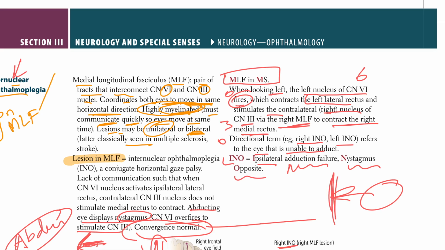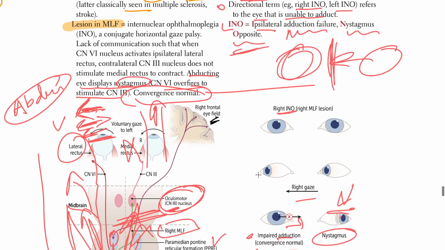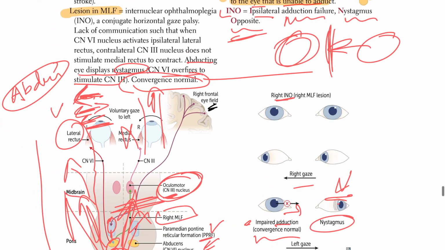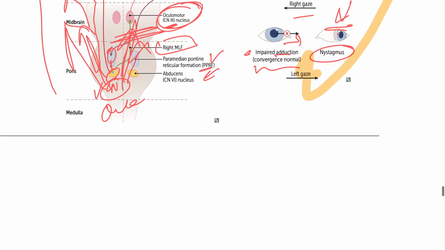Adduction is not there, so there's a failure of that, and the other eye is just going to have nystagmus. Nystagmus in the opposite eye, INO. Okay. Now looking at this one, a right INO, left INO refers to the eye that is unable to adduct. Let's dive deep into this one, which is pretty easy.